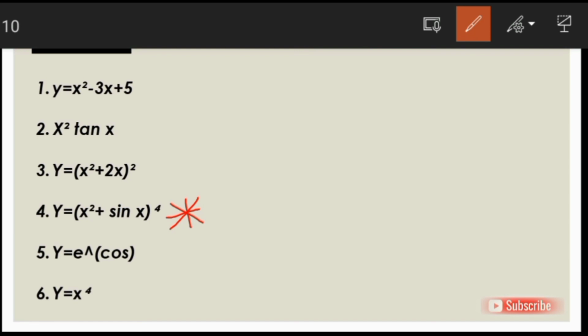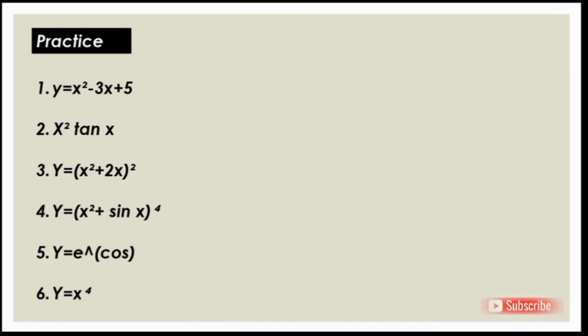The fourth is very important. We have to do it with power chain, but you can try with chain rule. In the fifth, we all know that the differentiation of e to the power x is e to the power x, so you should note this question. The sixth one is very easy.